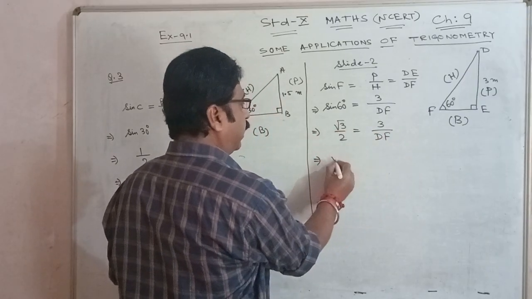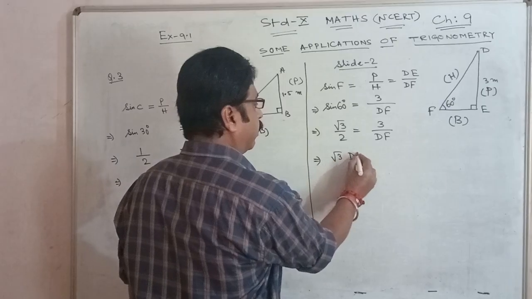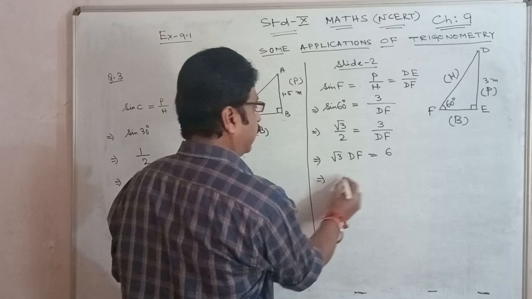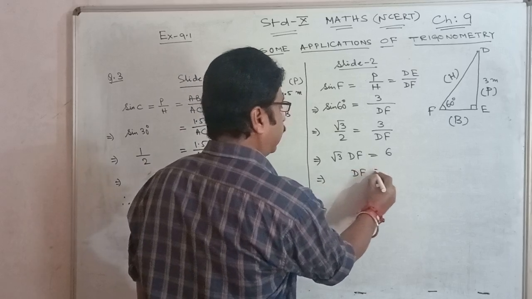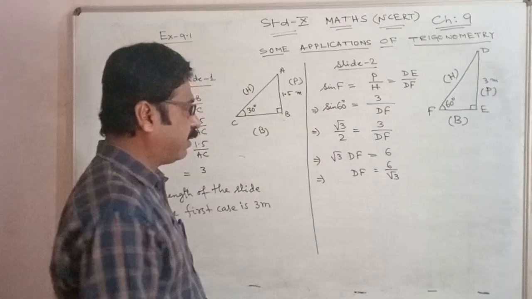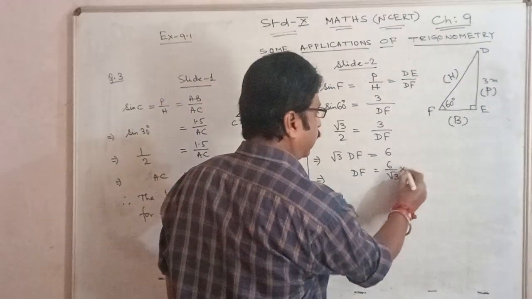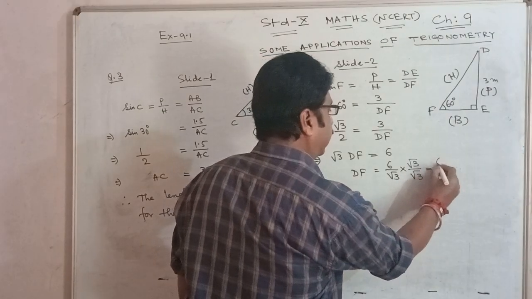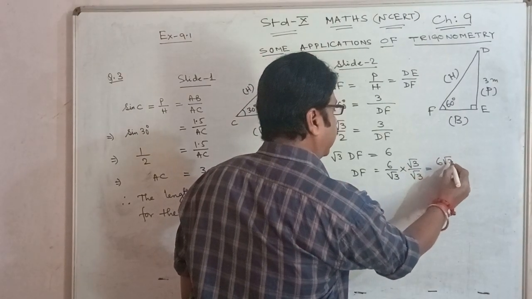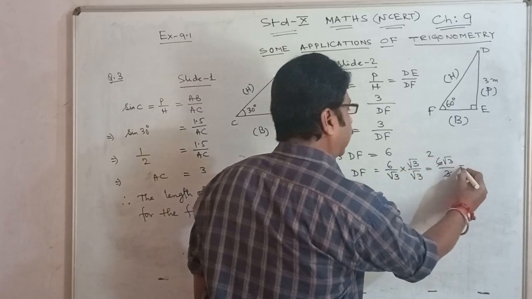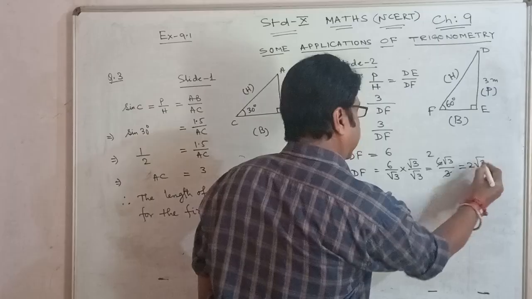Now root 3 into DF, 3 into 2 is 6. DF will be 6 upon root 3. We can rationalize. It will be 6 root 3 upon 3. 3 twos are 6, 2 root 3.